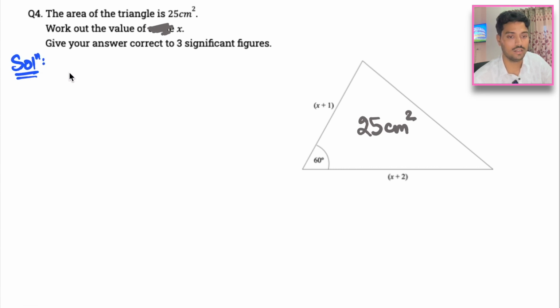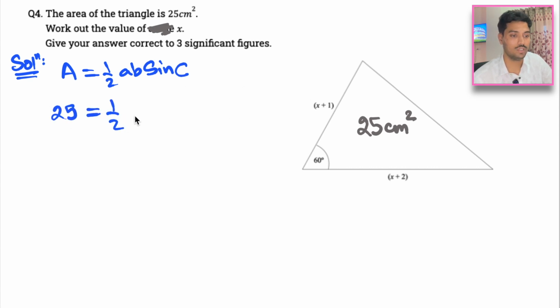So we know that area equals half into AB into sine C. Area is 25, which equals 1 upon 2 into A into B. It's written in algebraic form, which is a binomial term. So A into B is (x plus 1)(x plus 2) into sine 60 degrees.